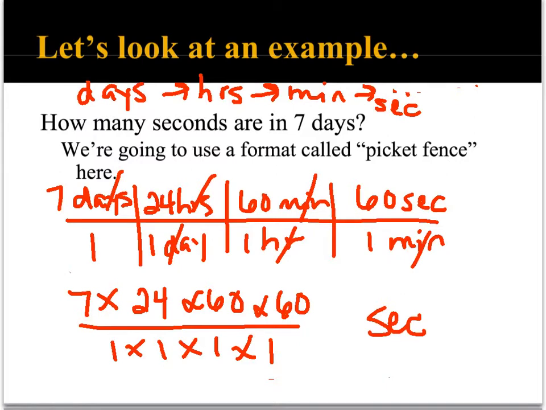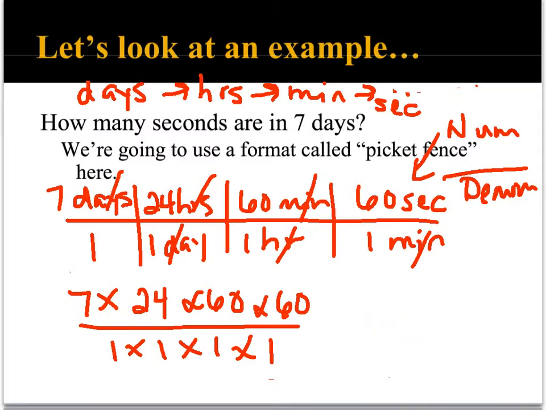In other words, you take all of the numbers in the numerator and divide by all of the numbers in the denominator. When you do that calculation, 7 times 24 times 60 times 60, you end up getting 4,800 seconds.